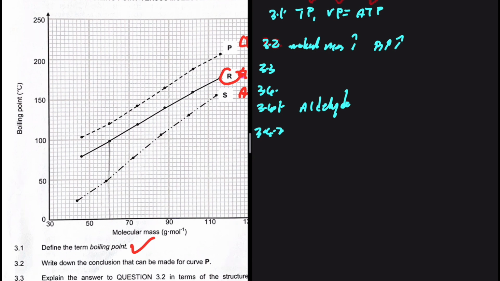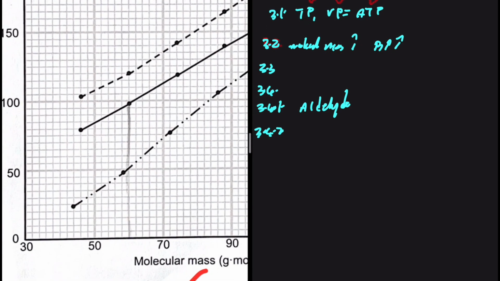So let's identify 97. 97 should be somewhere here, right? That's where we should have 97. And the molecular mass between 50 and 70, so that is 60. So the answer to 3.5.1, we have 60 grams per mole.